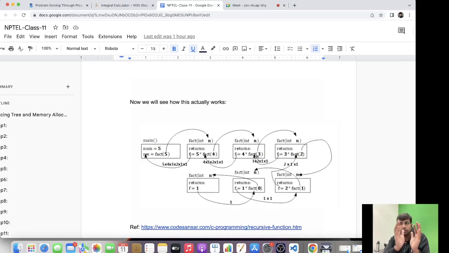But you need to understand that whenever the program calls some other function in between, the current state will be pushed into a stack or memory location, frozen, that particular call will be executed, and again it will come back.